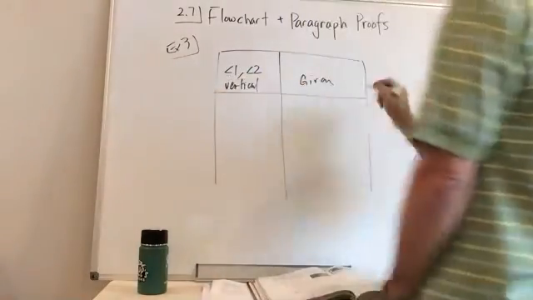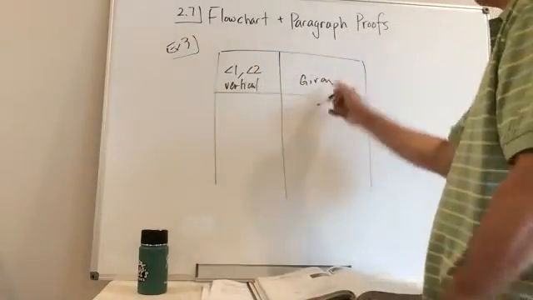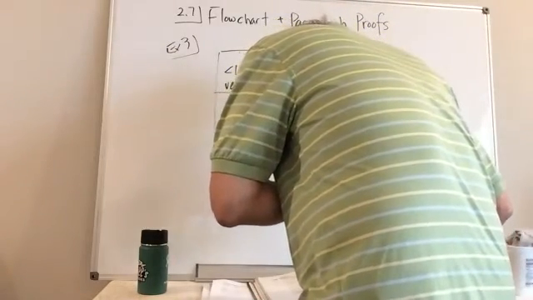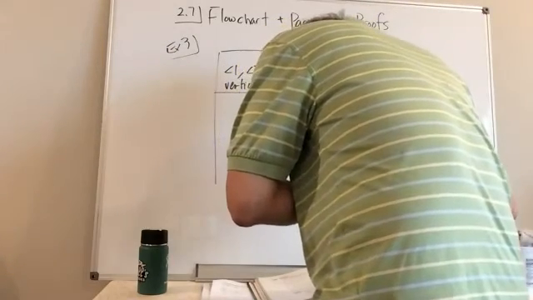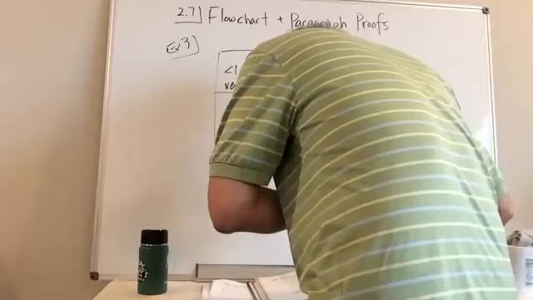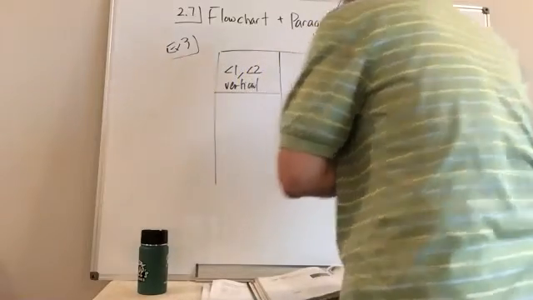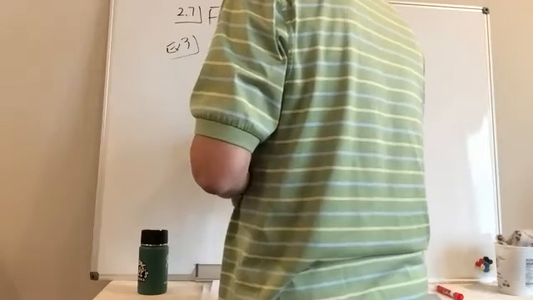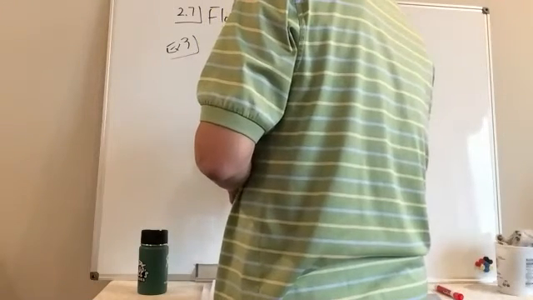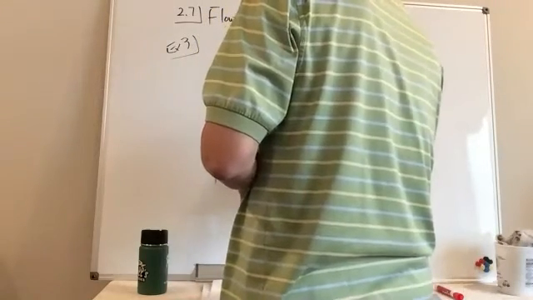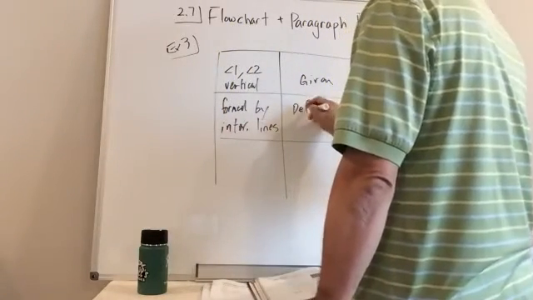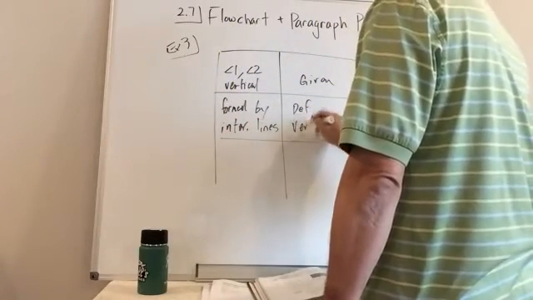So that's the first line. All right. Then it says angle 1 and angle 3 are formed by intersecting lines, and this is the definition of vertical angles.